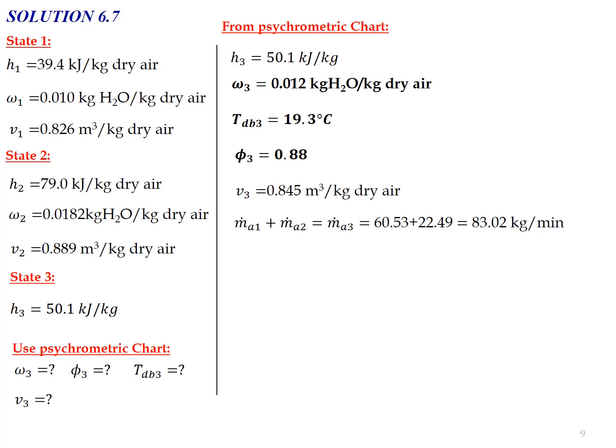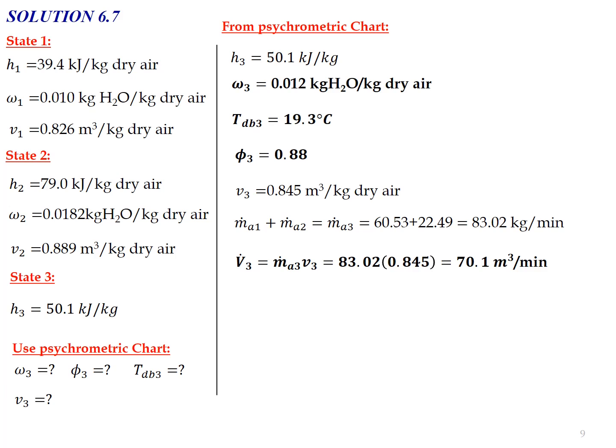We know that for the mixture, in terms of mass flow rate of dry air, MA1 dot plus MA2 dot will be equal to MA3 dot. We already have the values of MA1 dot and also MA2 dot, so just add both values. We'll get MA3 dot equal to 83.02 kg per minute.